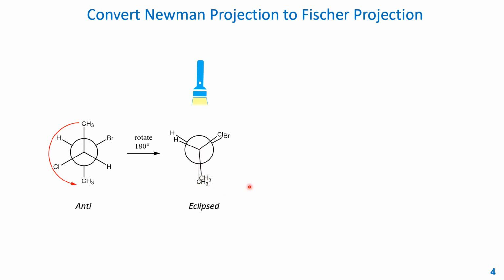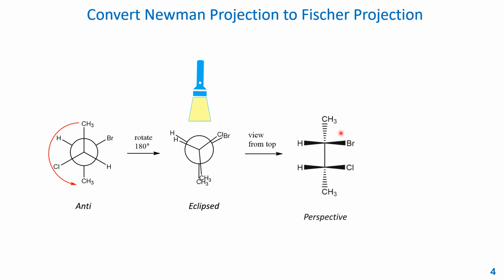And then you look at that from top, you will find these two bonds away from you. These two methyl groups are away from you. So from top view, you will see this methyl is on the carbon behind, and the methyl on this front carbon will be this methyl if you look at it from top.